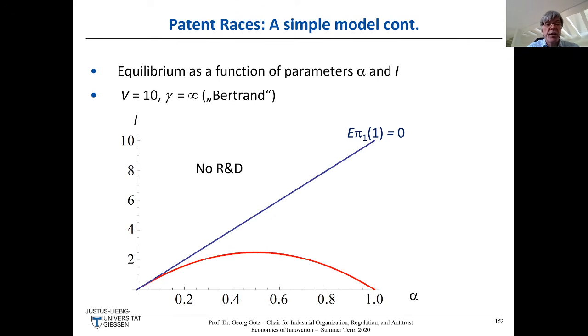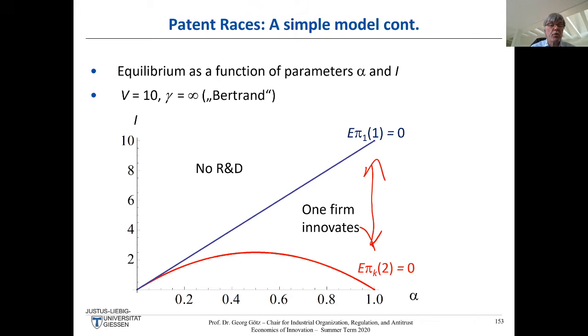If I is higher for a given alpha, it won't invest in R&D. Here's the locus for two firms being indifferent between doing R&D and investing in a lab and not. And so again, in the area in between, one firm innovates, but not two. Okay? That should be clear.